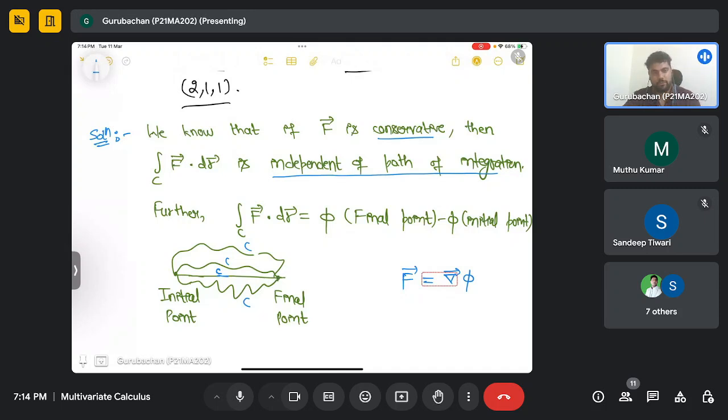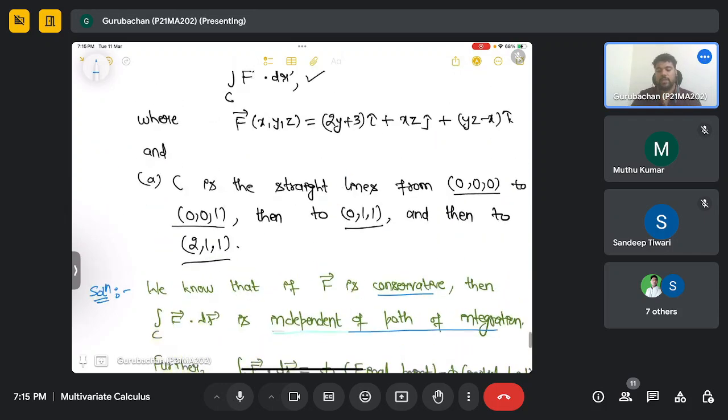If it is, then the line integral is directly equal to the value of the potential function at the final point minus its value at the initial point. So it will sometimes reduce your calculation.